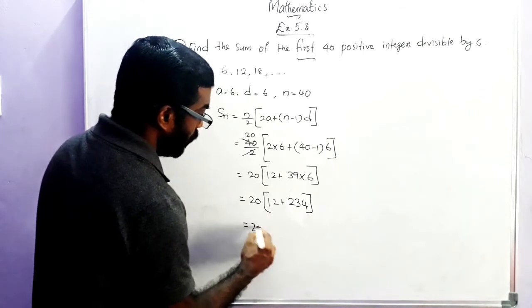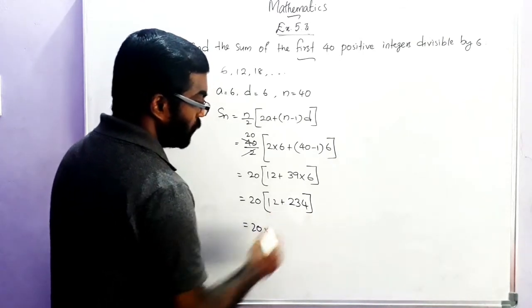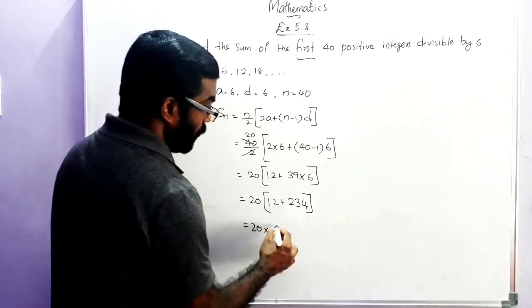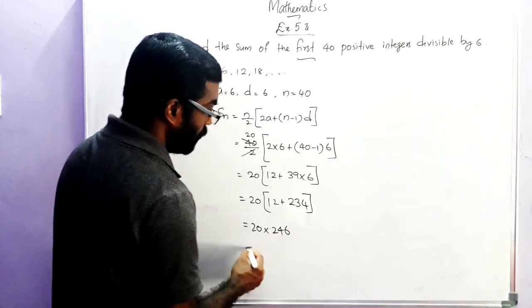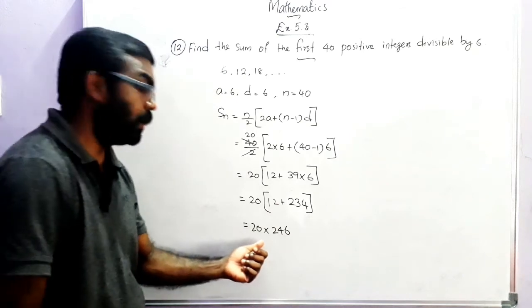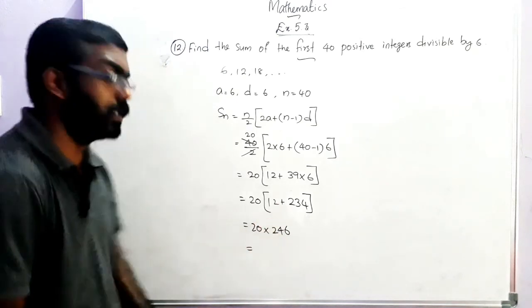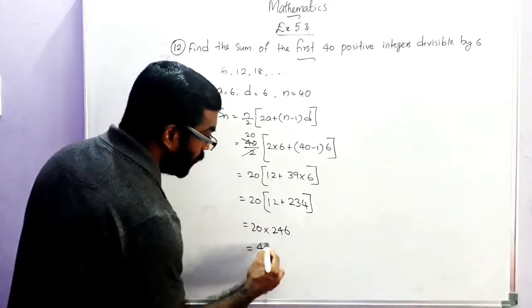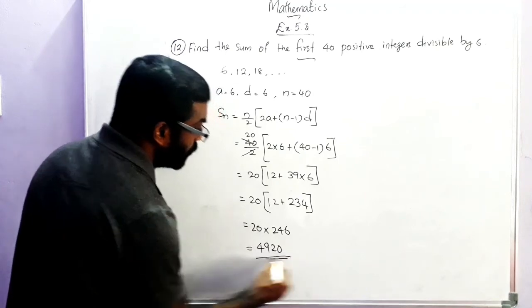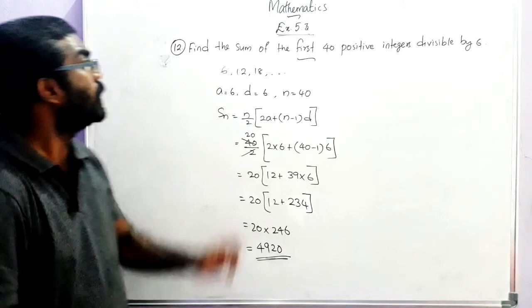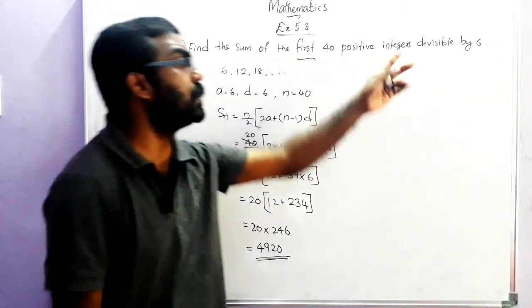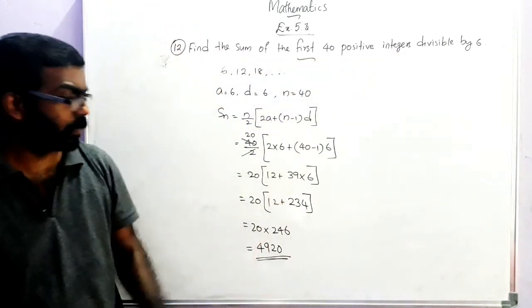Now 20 into 12 plus 234, and it is 246. Okay. Now 20 into 246 is 4920. So the final answer is 4920. That means the sum of first 40 positive integers divisible by 6 will be equal to what?